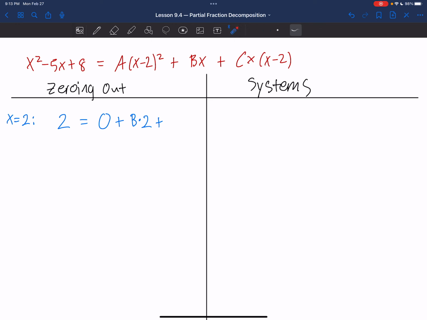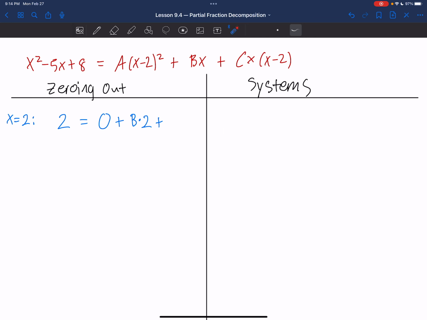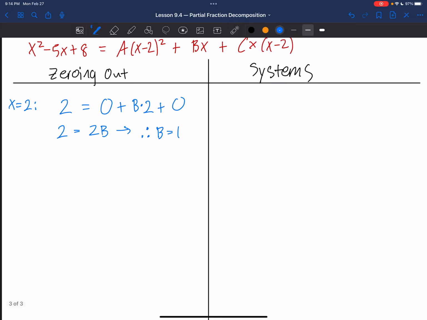Plus c times x is 2 times 2 minus 2. Well, that piece is 0, so that's c times 2 times 0, which is 0. That term is canceled as well. So since I have 2 equals 2b, therefore b equals 1.